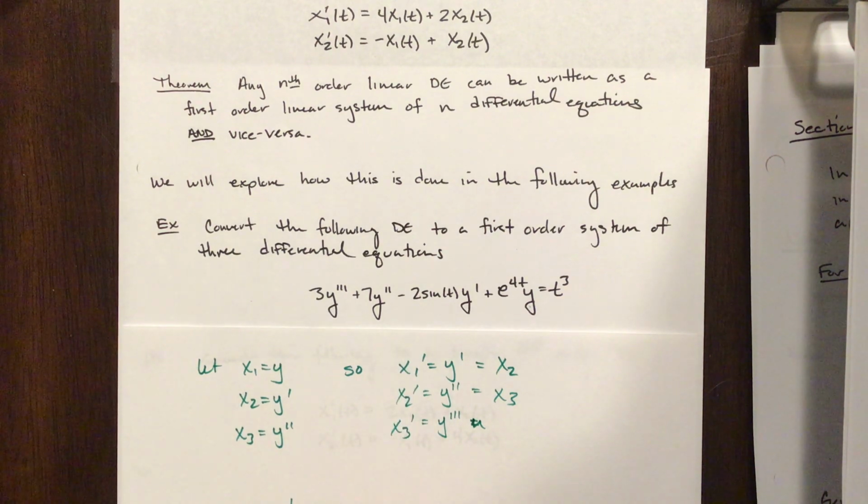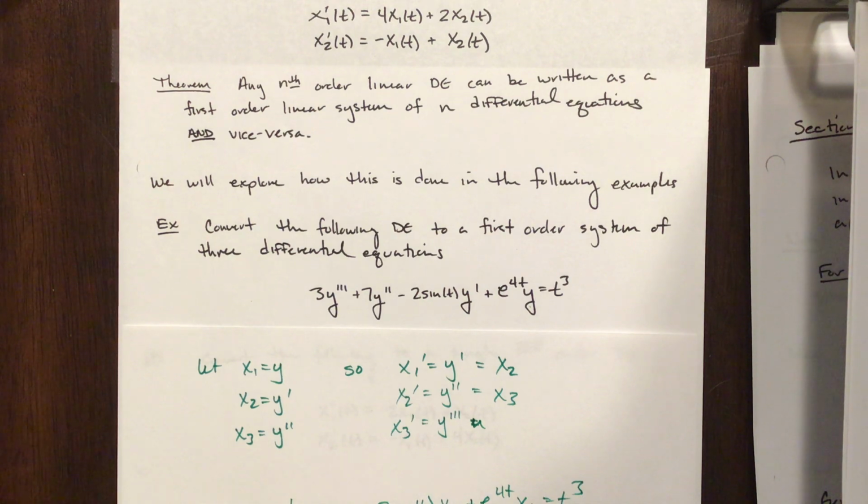Well, y double prime is equal to x3 minus 2 sine t of y prime. Y prime is x2 plus e to the 4t times y, that's x1, is equal to t cubed.